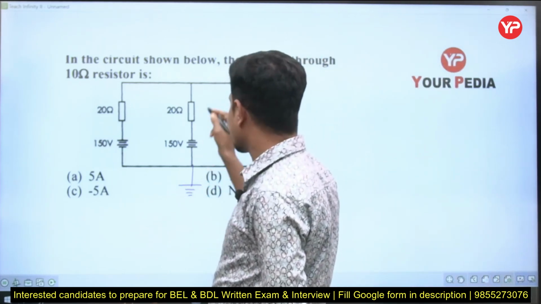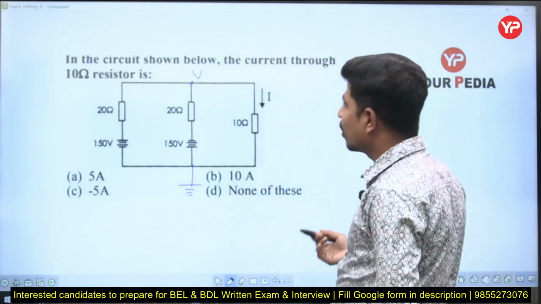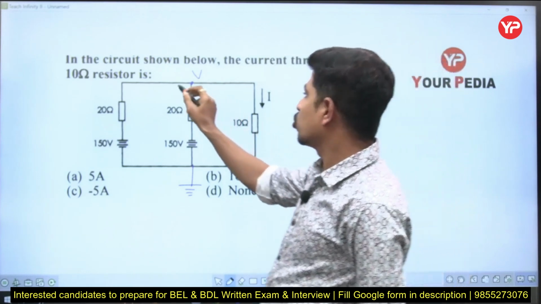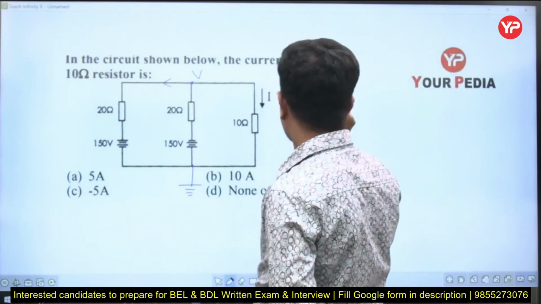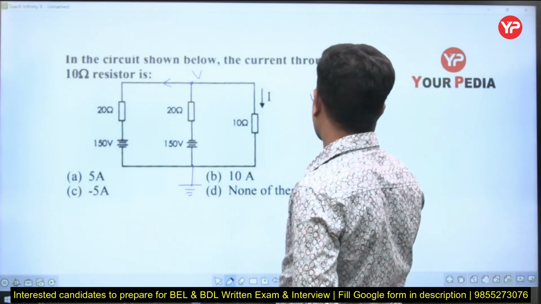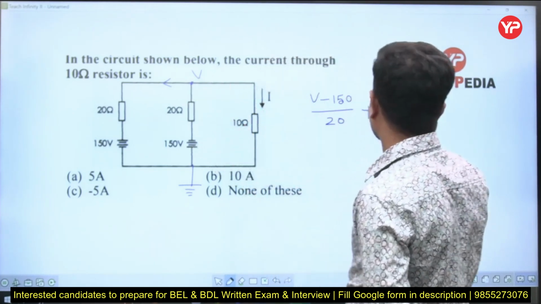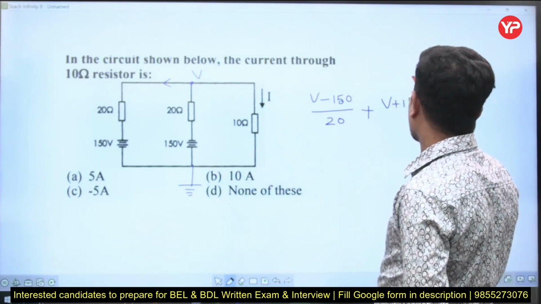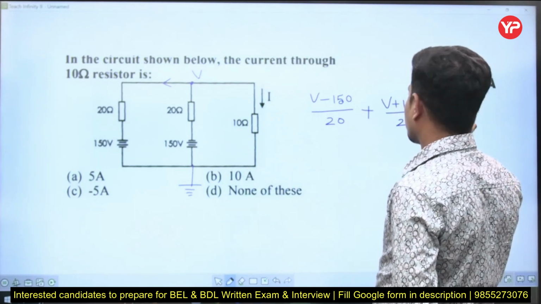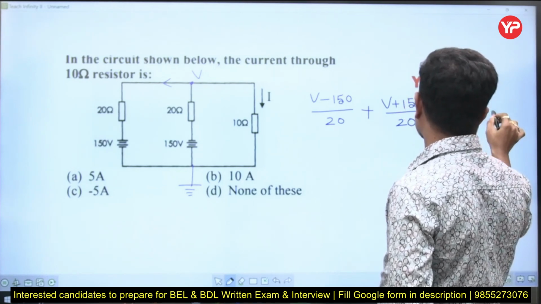This is 0 volt, it is taken as a reference. Let me take this voltage as V. Now I am writing KCL over there. V minus 150 divided by 20, plus V plus 150 divided by 20, plus V by 10 is equal to 0.